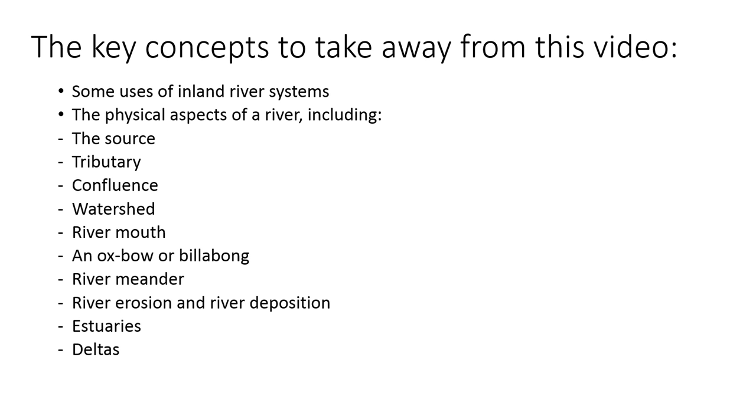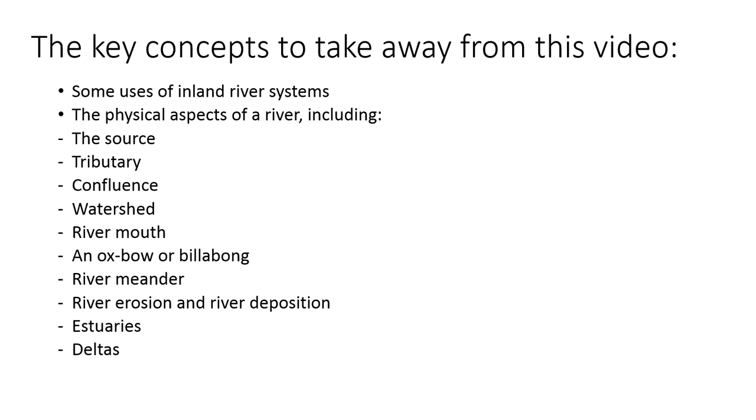Now these are the key concepts to take away from this video. We've got one at the top there, some sources of inland river systems. I'm not going to touch too much on that, but I'll show you a slide looking at that. And the next dot points are really what we're looking at today, the physical aspects of a river, including the source, tributary, confluence, watershed, the river mouth, an oxbow or billabong, river meander, river erosion, and river deposition, estuaries and deltas.